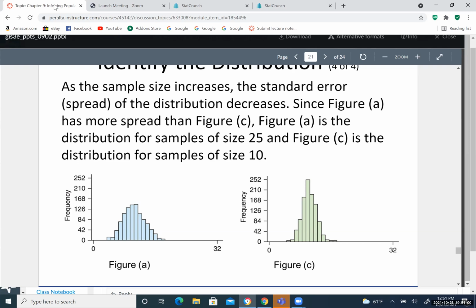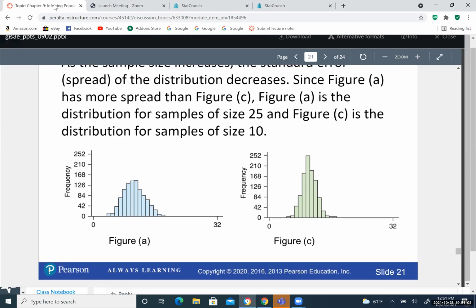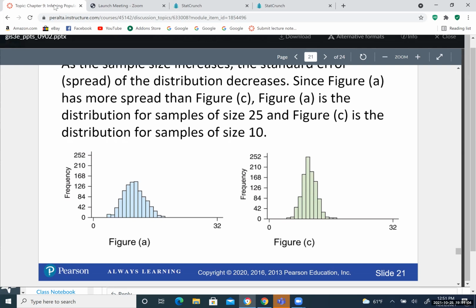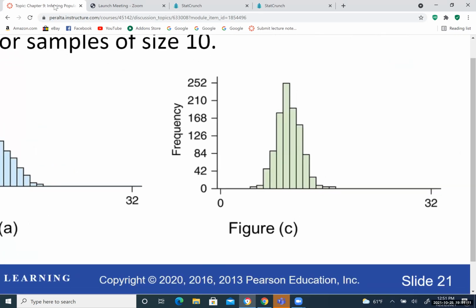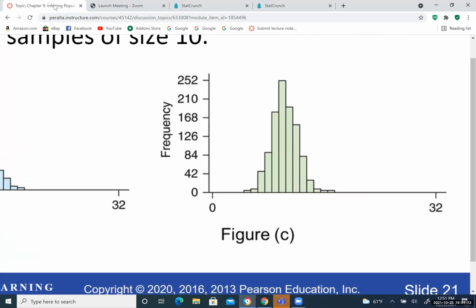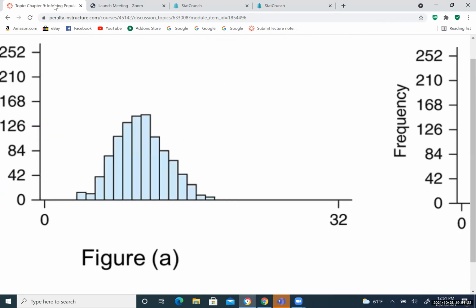But it looks kind of not really helpful. Let me count. Is it 10, 2, 4, 6? It's more than that. I don't know why they said it's 10.